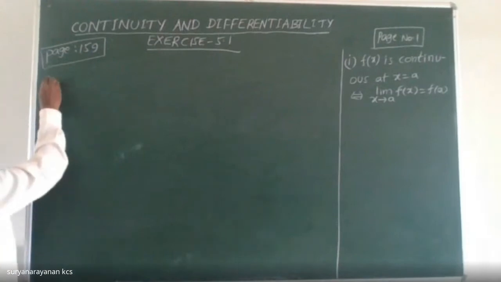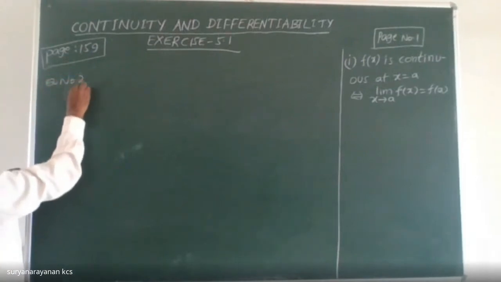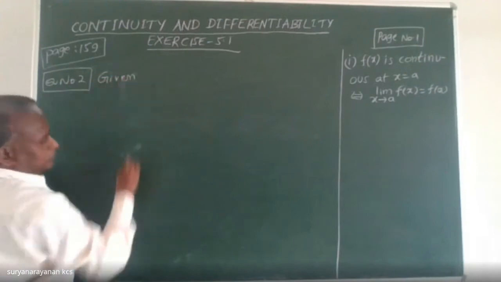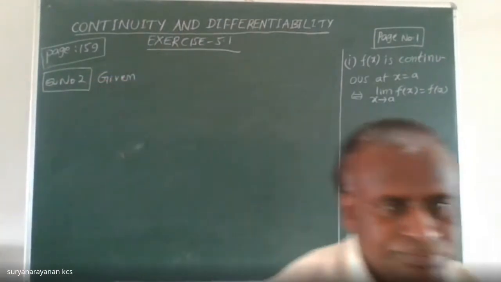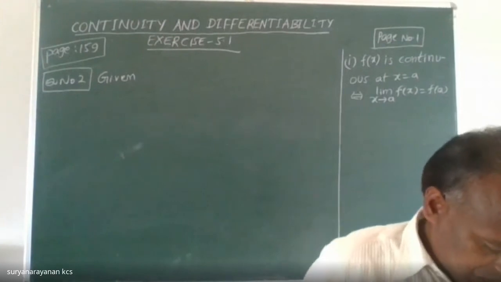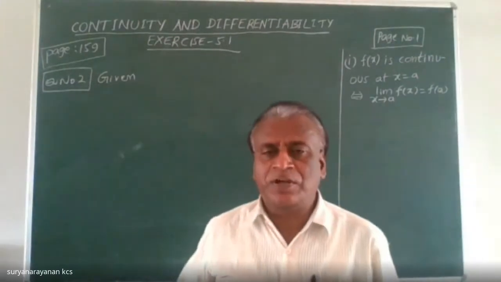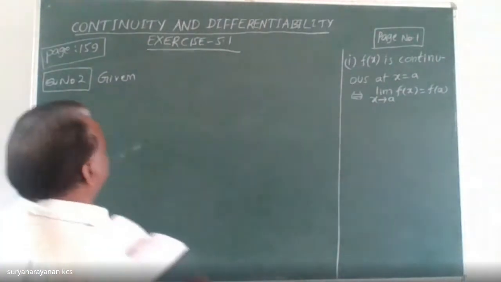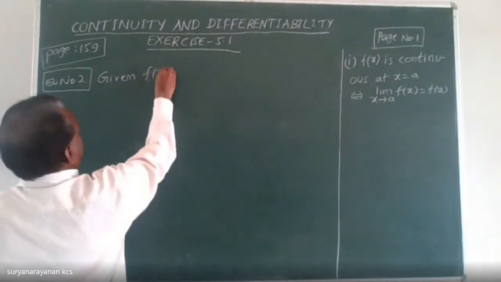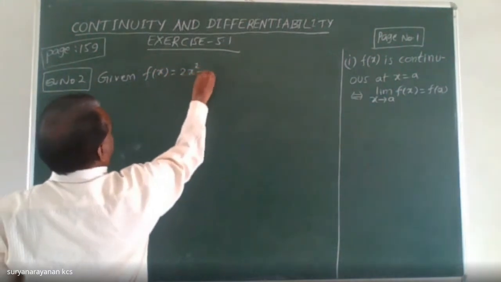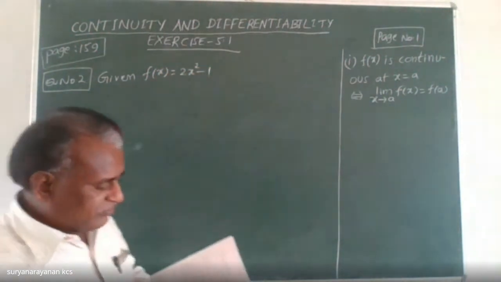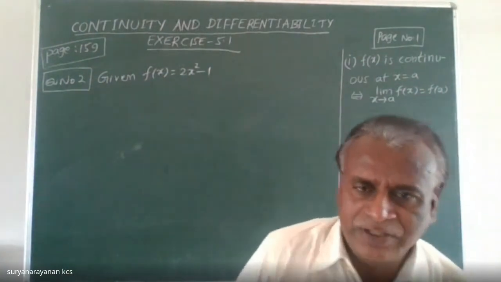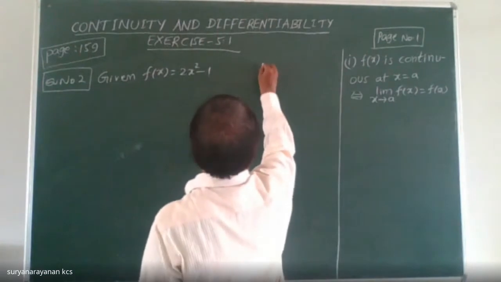Welcome to question number 2. Examine the continuity of the function f of x is equal to 2x square minus 1, at the given point x is equal to 3.